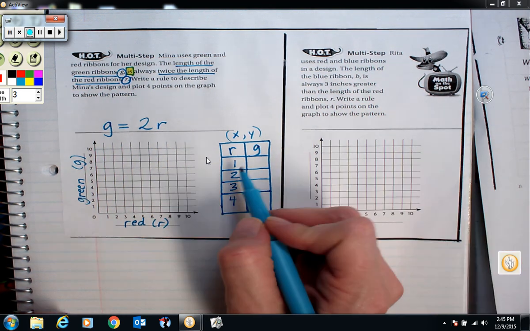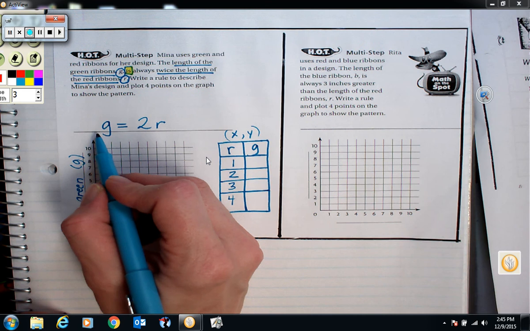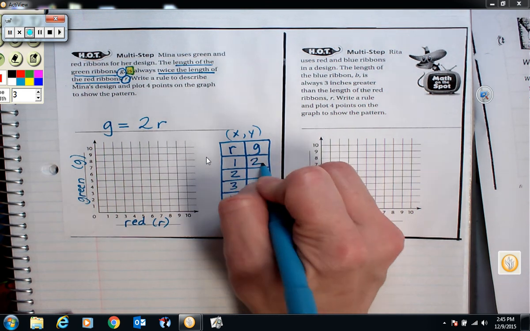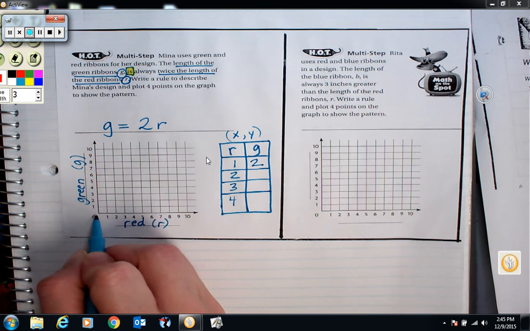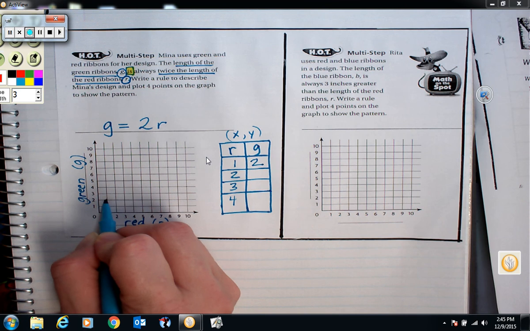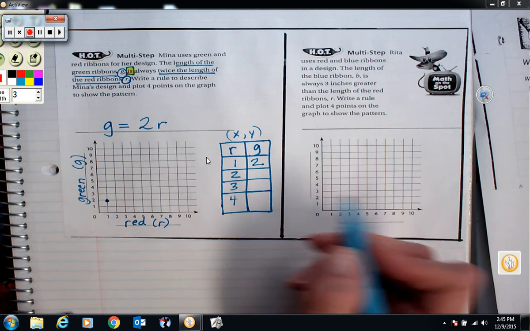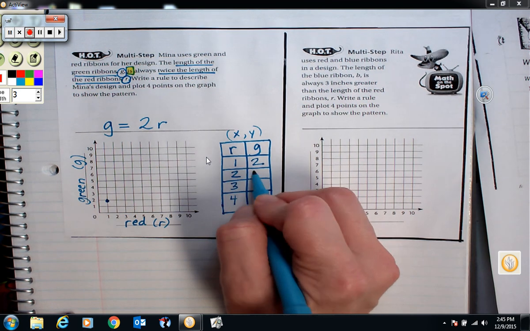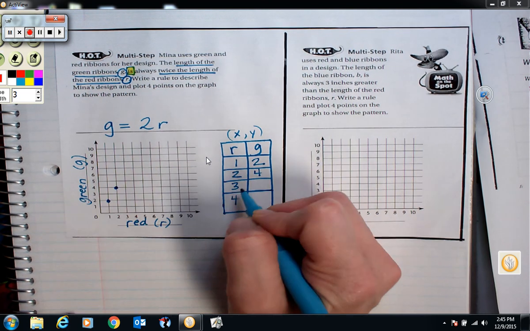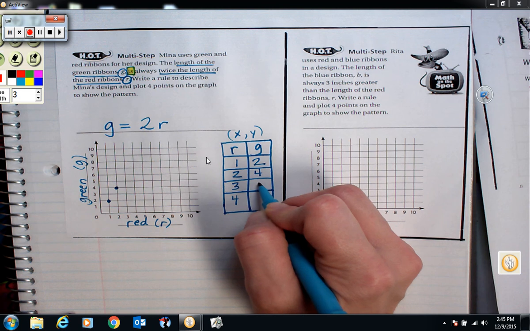So if red is 1 and green is twice red, that means if red is 1, green is 2. And I can graph point 1, 2: over 1 from the origin, up 2 on my graph. If red is 2, green is 4. Over 2, up 4. If red is 3, green is 6.